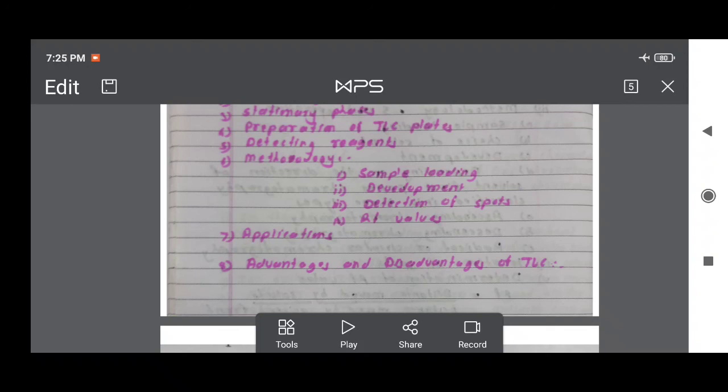It is routinely used to assess the purity of samples, mainly for sample purification. It is also used in protein sequencing, and the last application of TLC is in research and disease diagnosis in pathological labs.